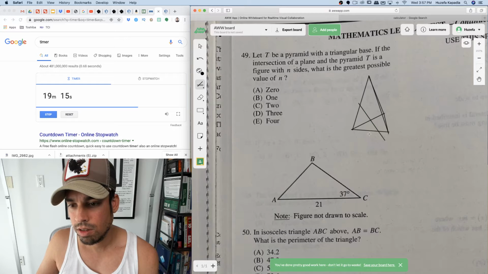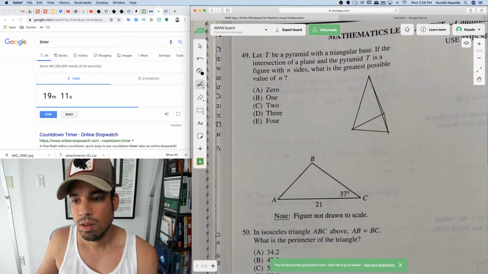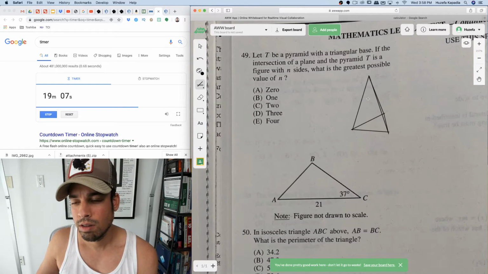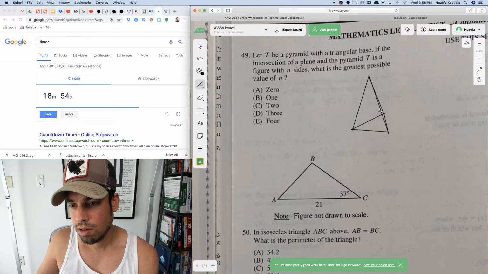If it cuts here, it'd be 1, 2, 3. If it cuts here, it'd obviously be 3. Hold on. If we cut across, if I cut it this way, I think 4.